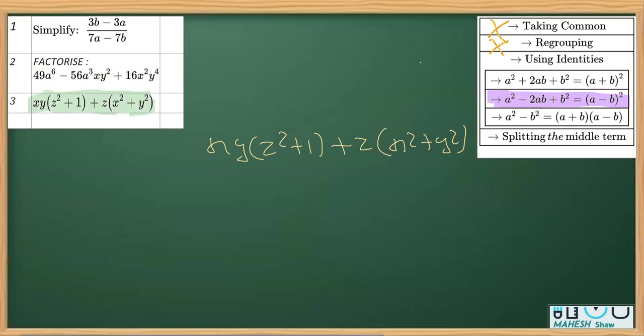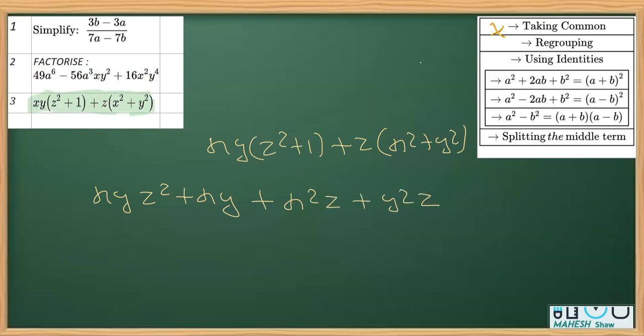So the taking common method fails, as we cannot do regrouping here. So what we can do is first open the bracket by using the distributive property and check what we can do. If you multiply, we get xyz square plus xy plus x square times z plus y square times z. This is what we got.